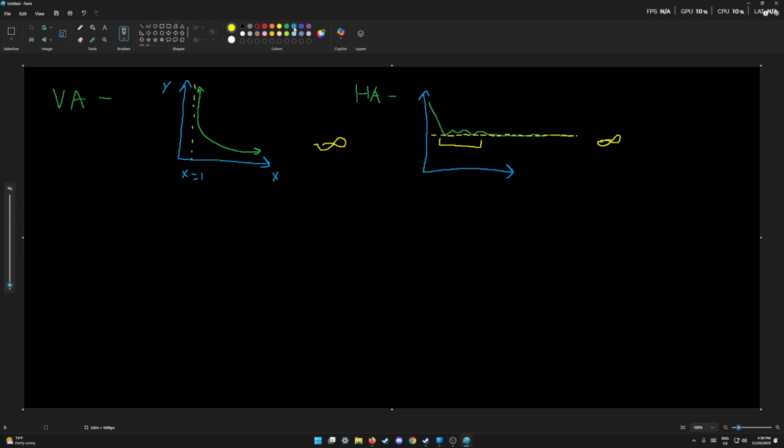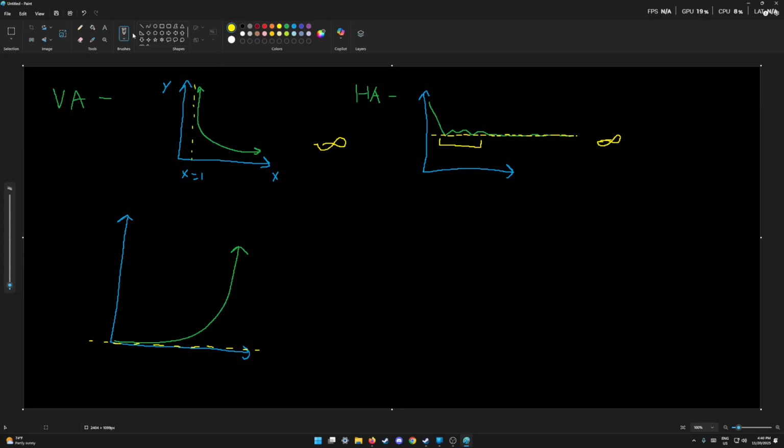So how that relates to exponential functions is most of the time they'll end up looking something like this. And its horizontal asymptote will pretty much always be 0 unless the graph has been shifted down.